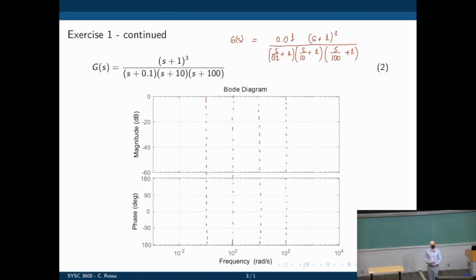So where does the Bode plot start? At very low frequencies, at 10 to the power of -3, what is the magnitude? Where does the Bode plot start?